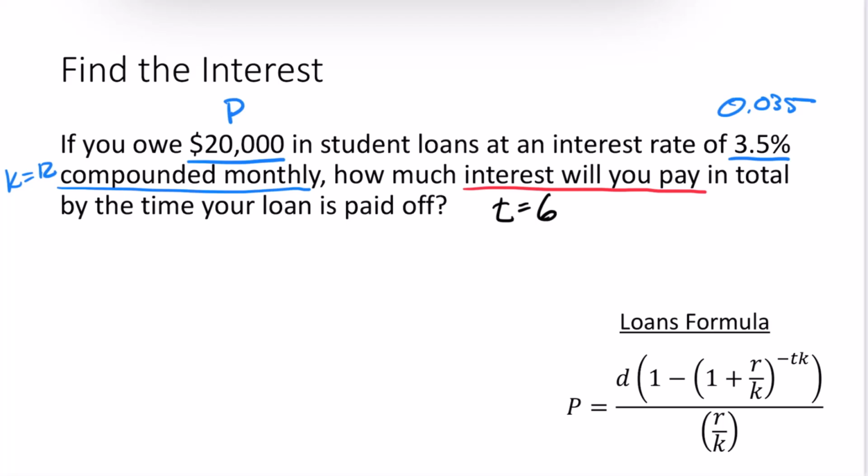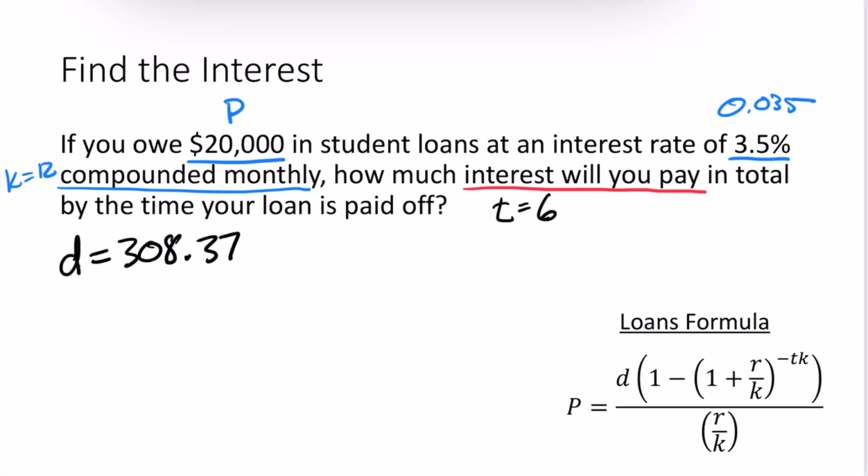And in that calculation, the way that we found the total amount of money that we ended up paying was by first using the loan formula to find the payment. And we found that the payment was $308.37.